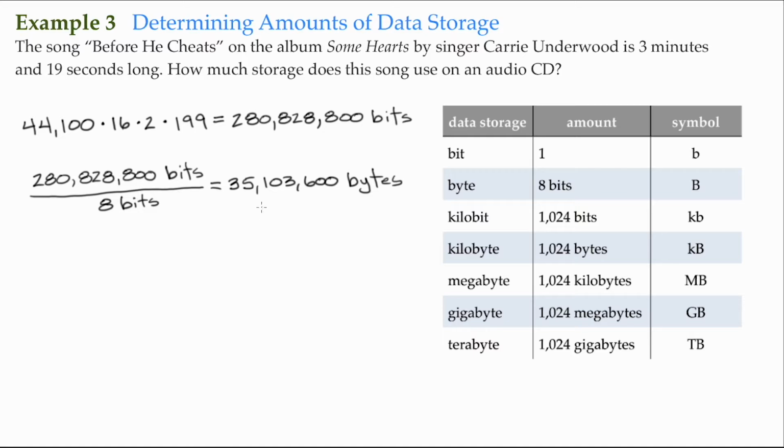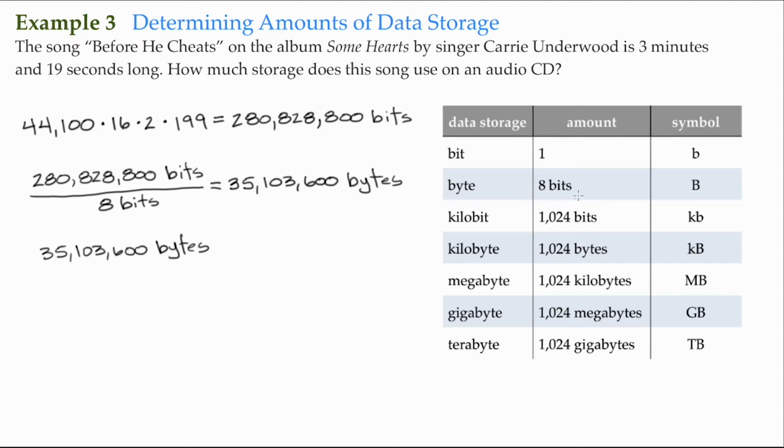So if there are 35,103,600 bytes, we're going to transfer that into kilobytes. That would be the next unit of measure. So here we have 8 bits per byte. Here we have 1,024 bytes per kilobyte. I'm not going to use bits here. That's a kilobit.